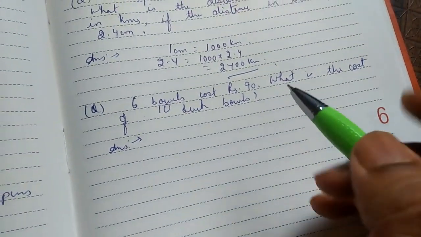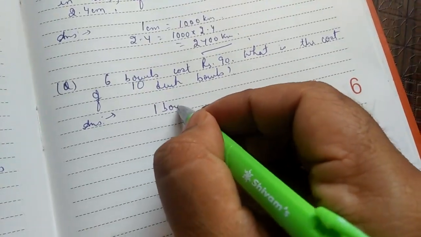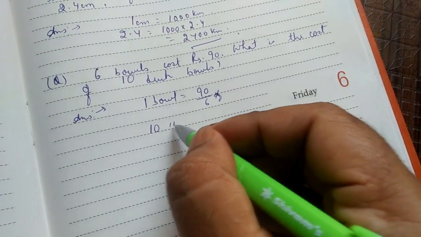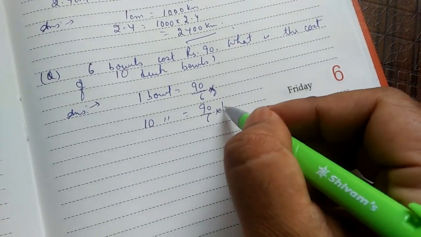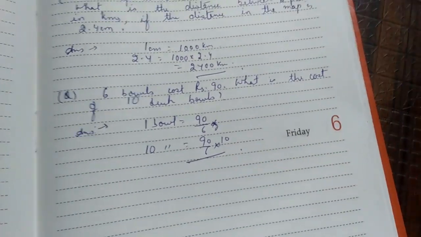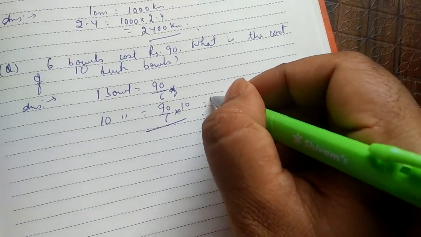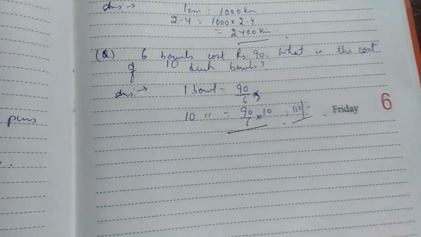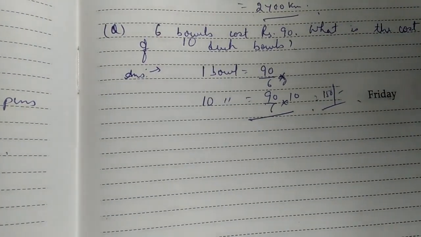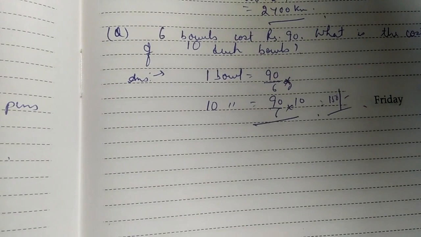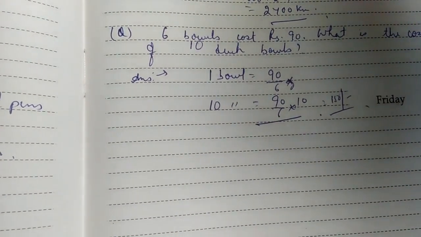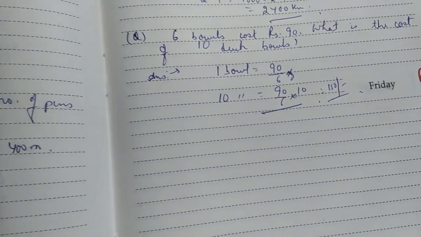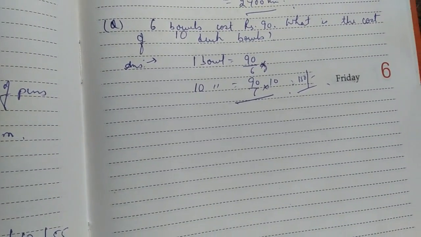Okay, 6 bowls cost 90, so one bowl is equal to 90 by 6, and 10 bowls 90 by 6 into 10. Okay, simple enough. 150 rupees. Okay, so these are simple questions that you are going to get on the basis of this. You can practice a few questions on the basis of this, and just in case you find any problem, please feel free to ask.